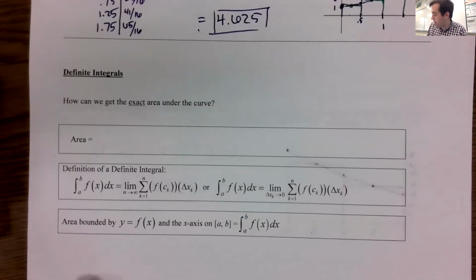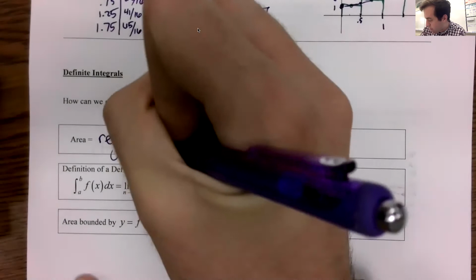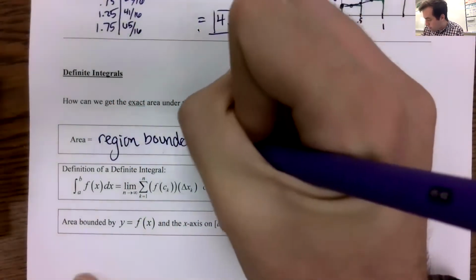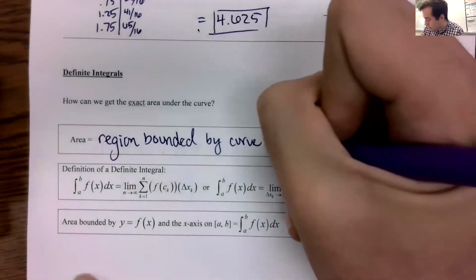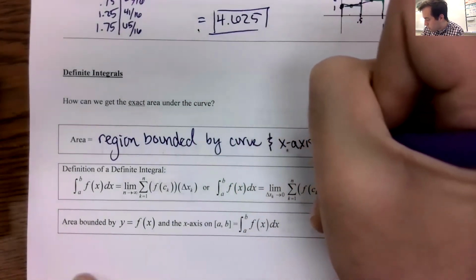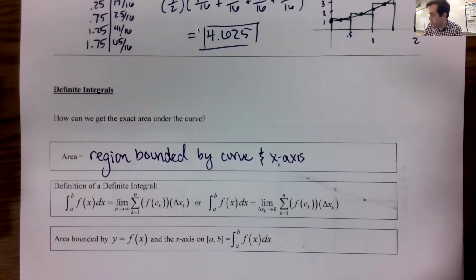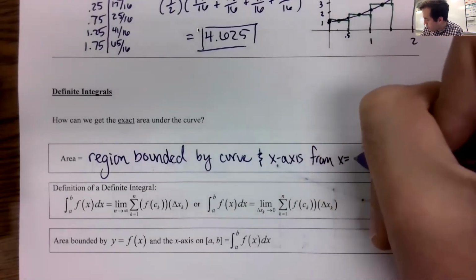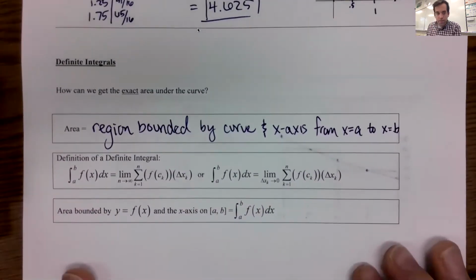We're going to define area as the region bounded by the curve and the x-axis. So it's going to be bounded by the curve on top and by the x-axis on the bottom, between two numbers, between x equals a and x equals b.